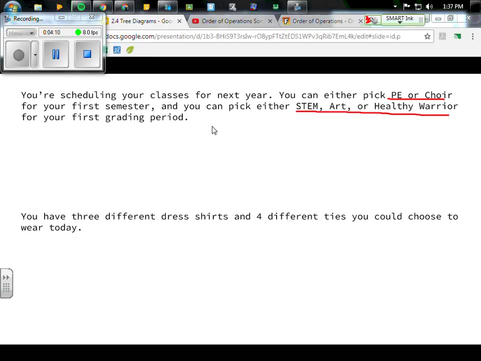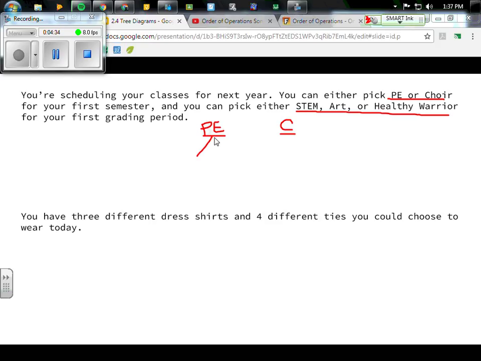To make my tree diagram for level 1, I list my two possible outcomes. I can either get PE or choir. For the sake of space, I'm just going to abbreviate everything. Those are the two possible outcomes for level 1. For level 2, I can either get STEM, art, or Healthy Warrior.